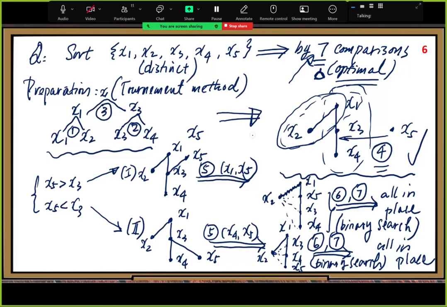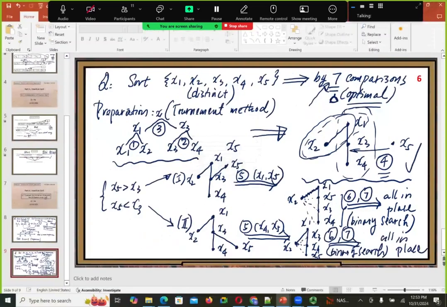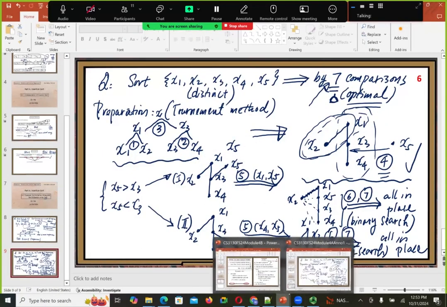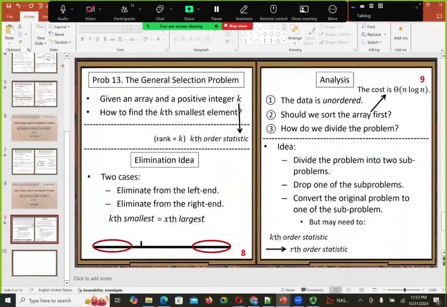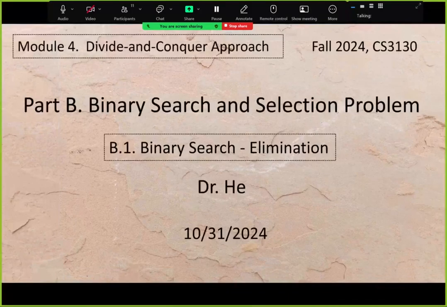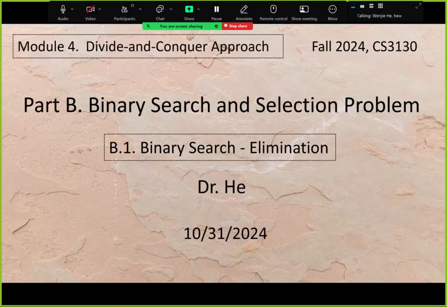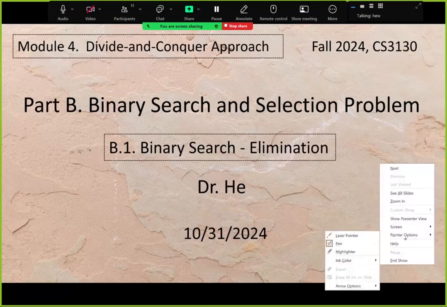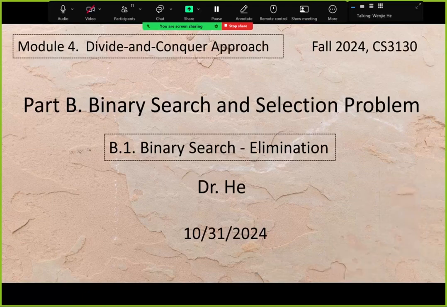Binary search. It's very important, although most of you know the binary search, but through this topic we can learn some problem-solving methods.